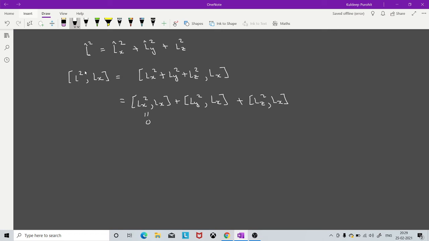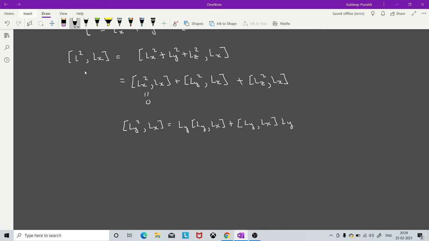So Ly square comma Lx is equal to Ly into the commutator of Ly with Lx, plus the commutator of Ly with Lx into Ly. Now Ly comma Lx will be equal to minus iħ Lz.